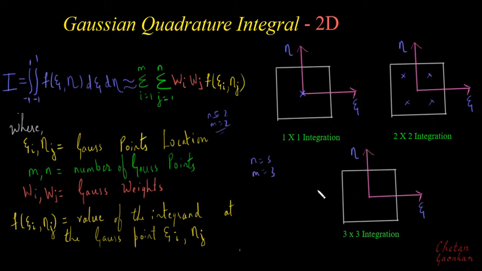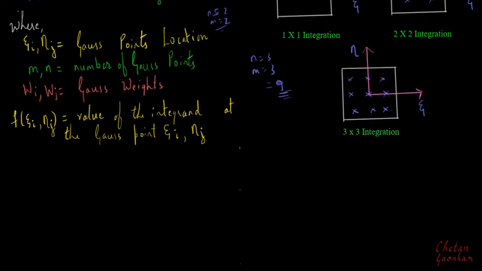Then there should be 3 points in xi direction and 3 points in eta direction. Therefore the total points at which the integral will be evaluated will be 9, and that can be located in this fashion: 1, 2 and 3, and 3 this side, and 3 this side. So altogether we'll have to evaluate it at 9 points.